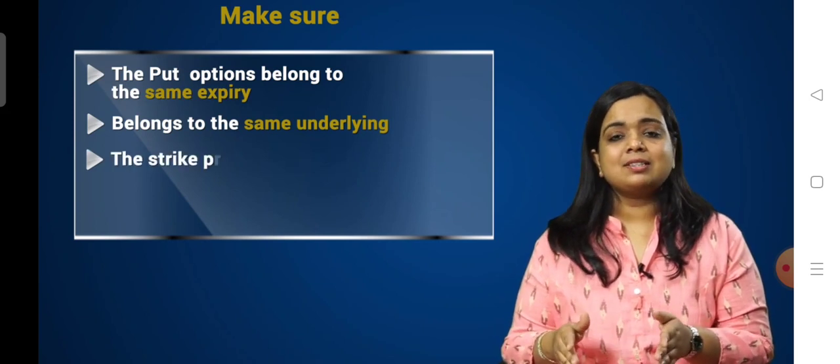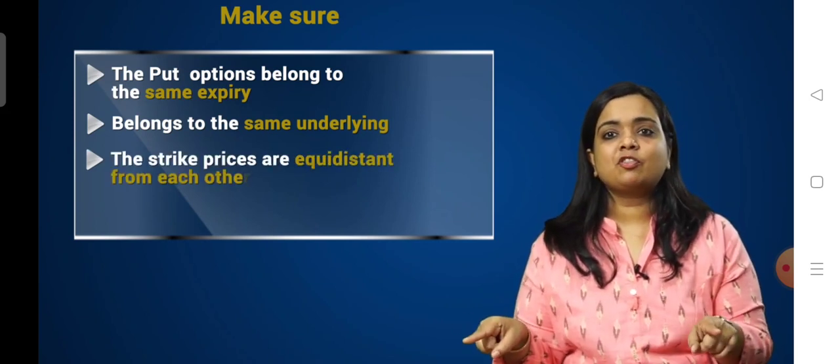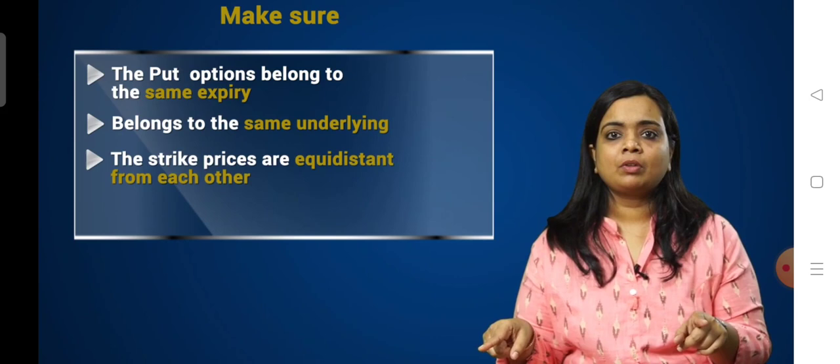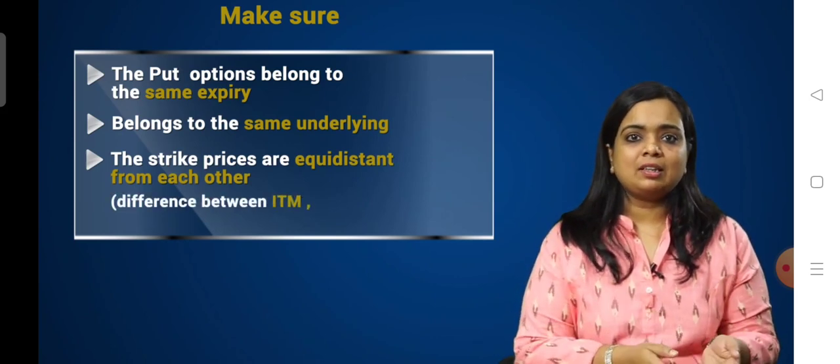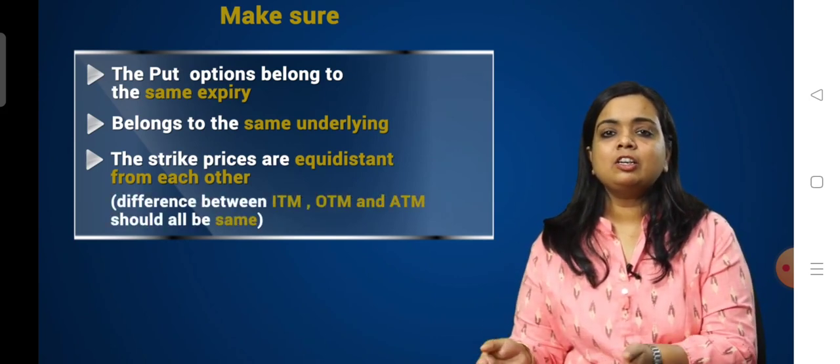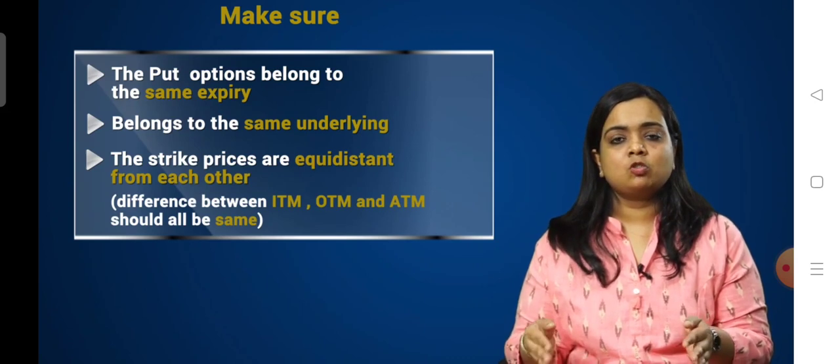The strike prices again should be equidistant from each other, and the difference between in the money, at the money and out of the money should all be the same. So we just saw how a butterfly strategy using calls and puts is exactly the same. We'll look into an example to understand this better.